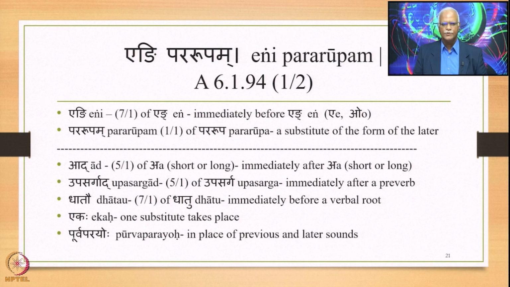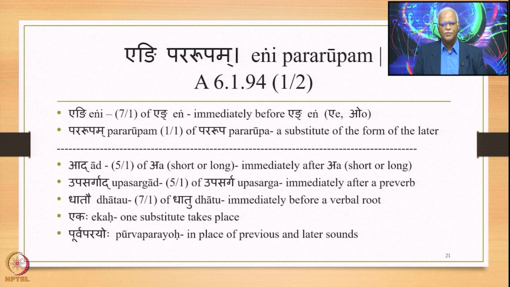The words continued are Ad, 5/1 of A, short or long, and Ad means immediately after A, short or long. Upasargad also continues from the previous sutra, Upasargadriti Dhatau. Ad continues from Ad Gunaha. Upasargad is the 5/1 of Upasarga, which means immediately after a preverb.